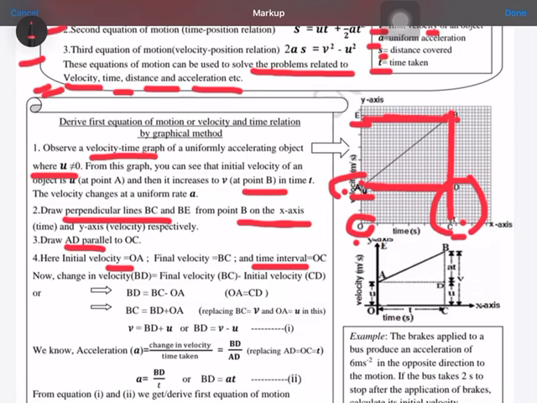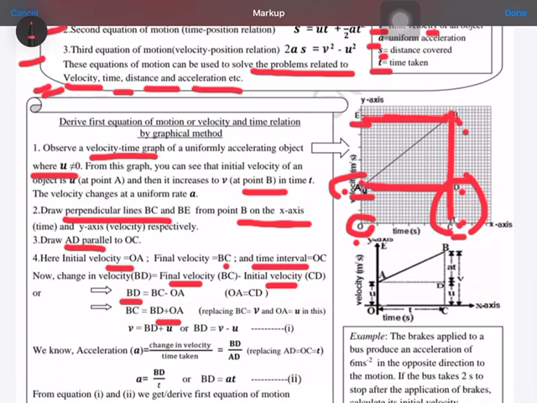So when we put the different symbols in this, change in velocity will be final velocity minus initial. So final velocity was BC and initial velocity was CD. OC or CD are equal. So when we write change in velocity, that is BD, this one. So BD will be BC minus CD, or OA.